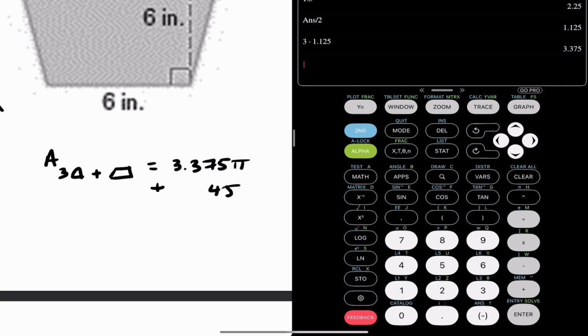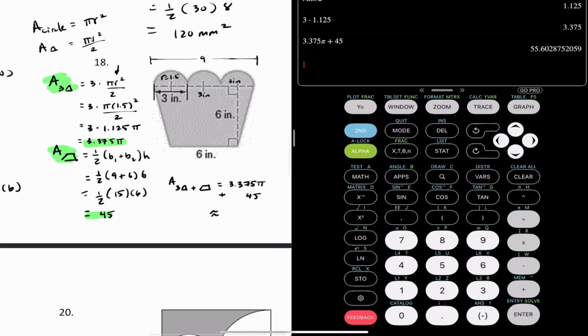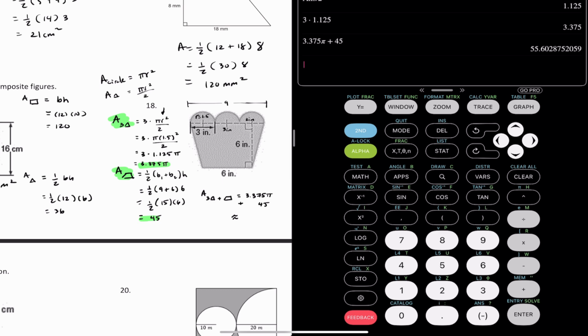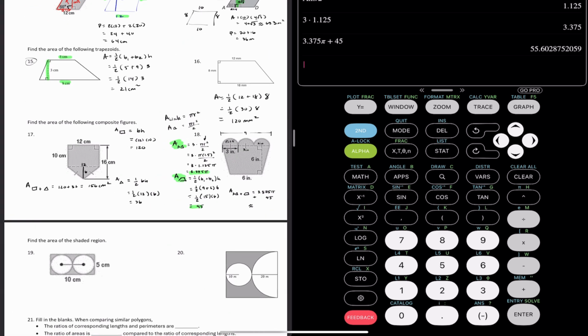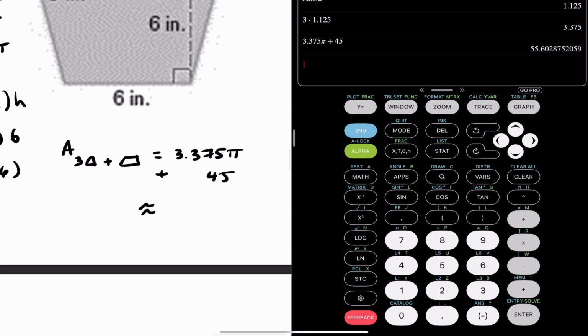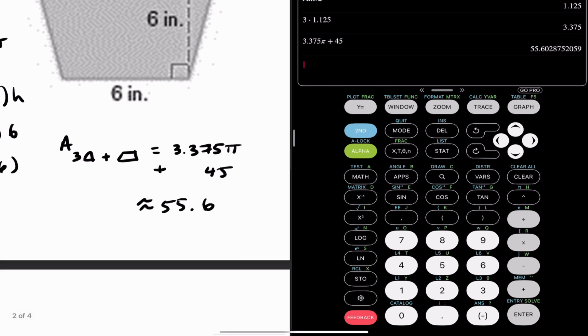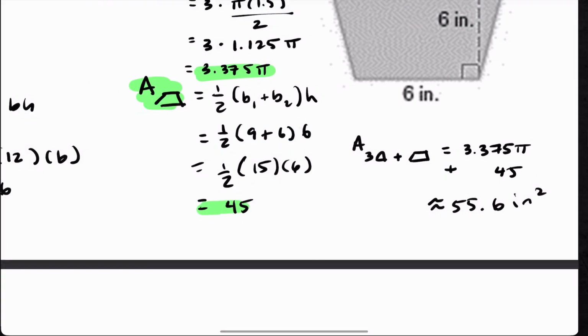So when we add, it's okay to include the pi into your calculation. So 3.375, you get your little pi symbol, plus 45, and you get, we can round to however we want, because it doesn't say how you should round it. It's approximately 55.6. We're going to round to the nearest tenth here. So 55.6 square inches, okay?